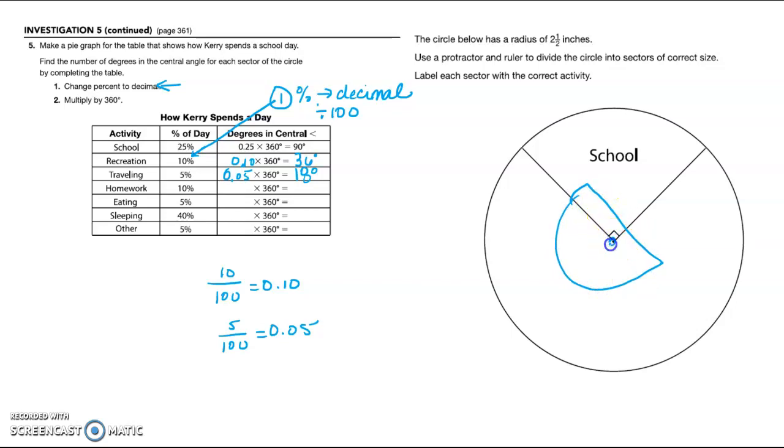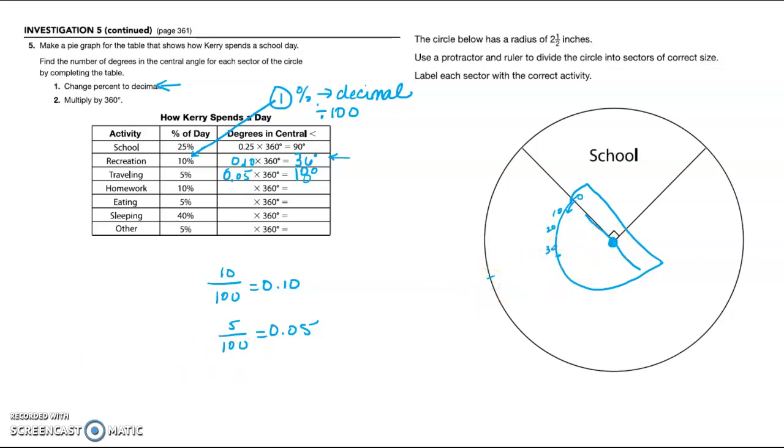So here's the protractor. There's a hole in the protractor and it has a line that goes here and a line that goes here. We want something that's 36 degrees to show her recreation time. So this starts at 0, and I'm going to go up. This is 10, 20, 30. Let's say 36 is right here. So I'm going to go ahead and mark that.